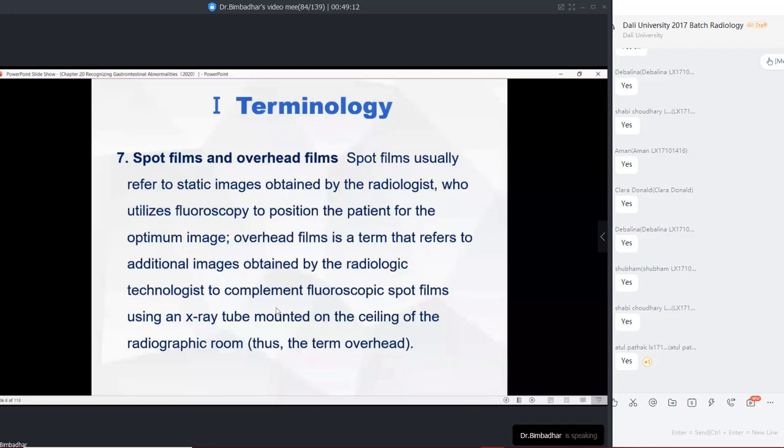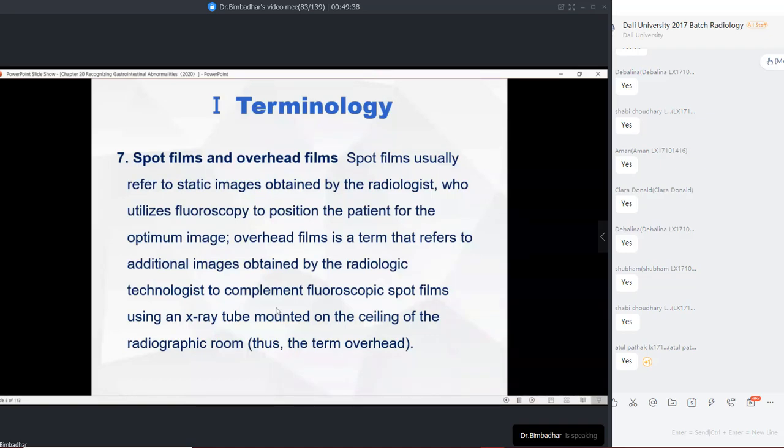So getting one accurate image is more than enough. But you have to understand fluoroscopy has to be quick. It is only at the time that the barium is trying to fill over the ulcer that I have to take down the film.